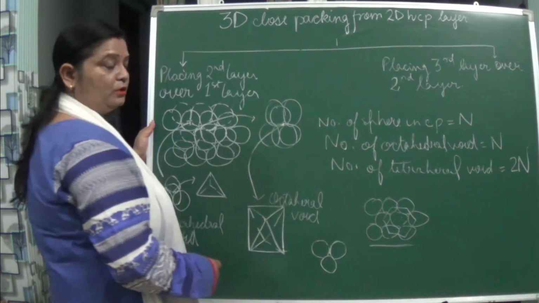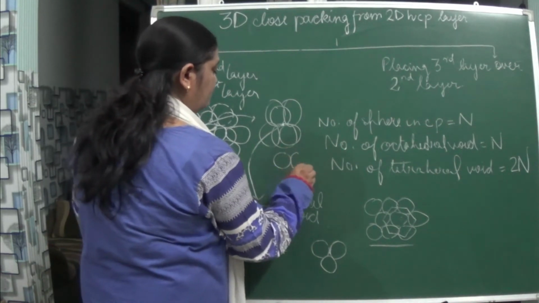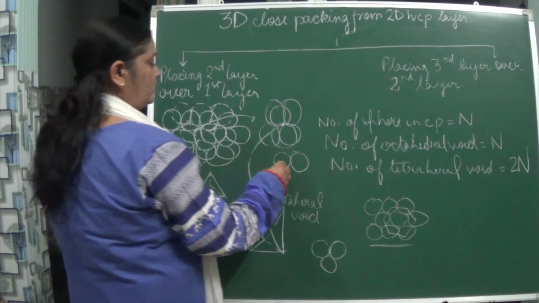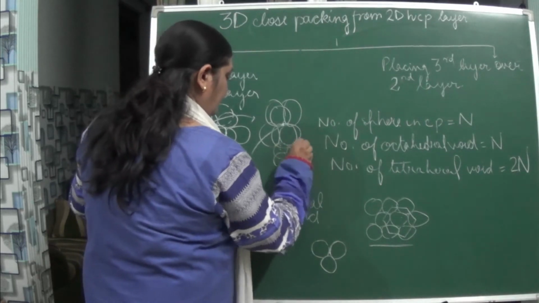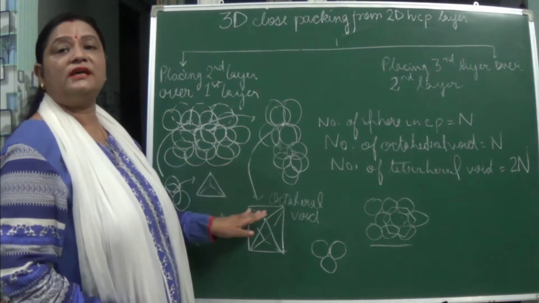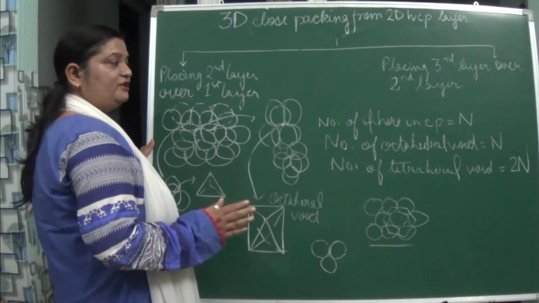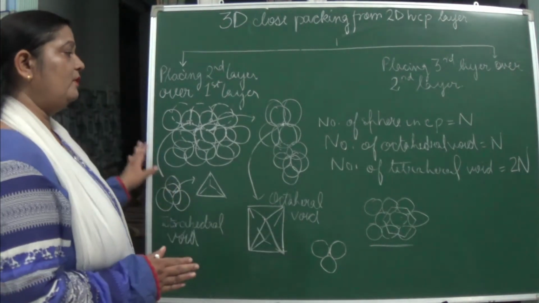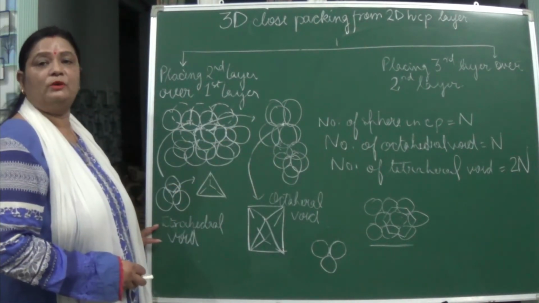In the tetrahedral void, 3 spheres have 1 sphere placed above them. In this case it occurs in this form, and as a result creates an octahedral void. So here we can see 2 types of voids, the tetrahedral void and the octahedral void. If the number of octahedral voids is n, then naturally tetrahedral voids will be 2n.